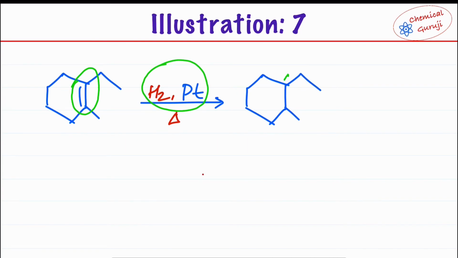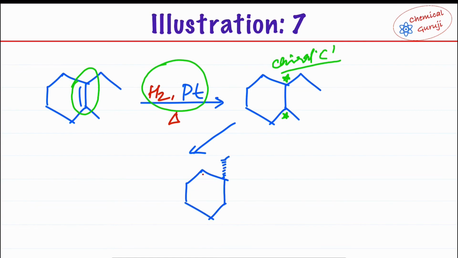We can see this carbon and this carbon are chiral carbons. This hydrogen can attack from above the plane as well as below the plane, like this.